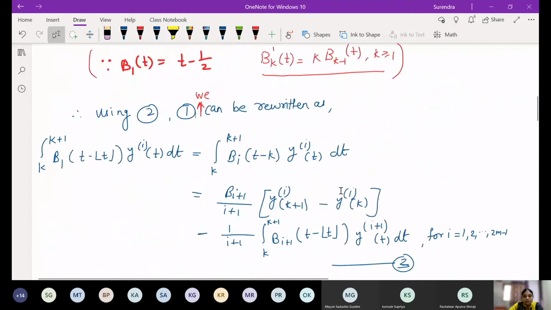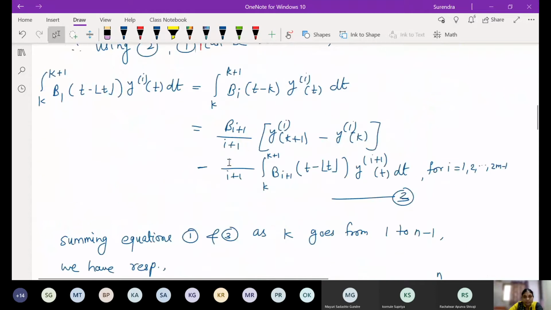I will get b_(i+1) upon i plus 1 times the ith derivative at k, and here the (i plus 1)th derivative at t dt.